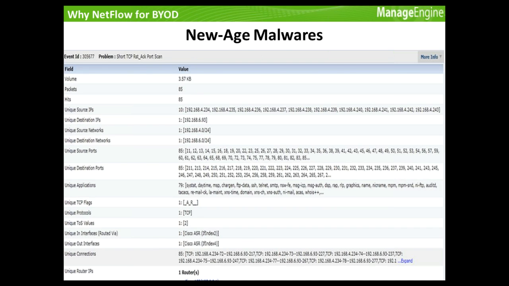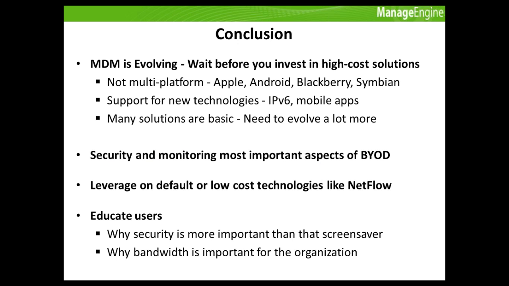And we also saw what the limitations are with your current monitoring solutions. There's no multi-platform solution which can handle Apple or Android, BlackBerry, Symbian, Nokia. Some say, all right, I support Apple as well as IPv6, but what happened to Android?